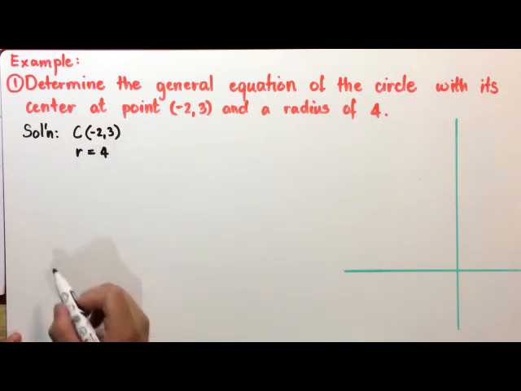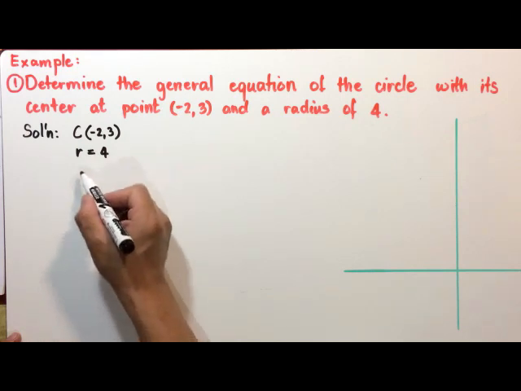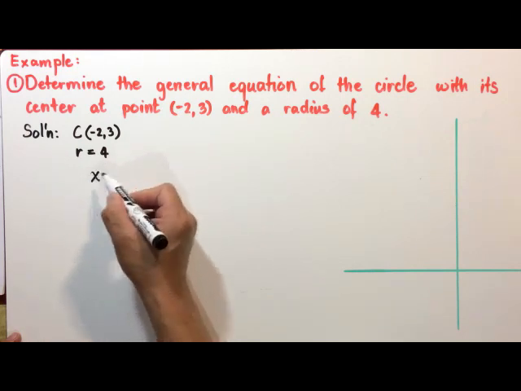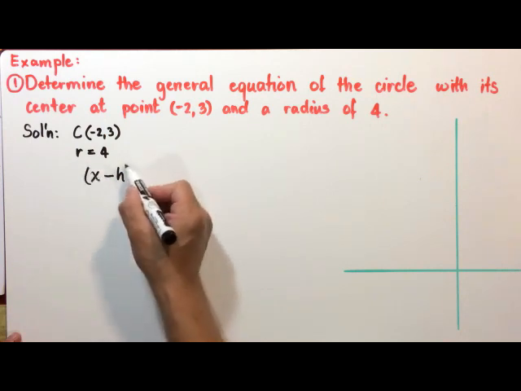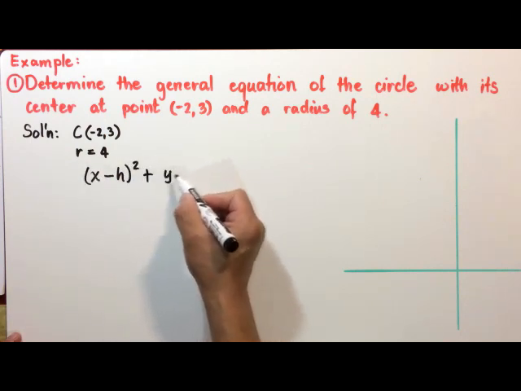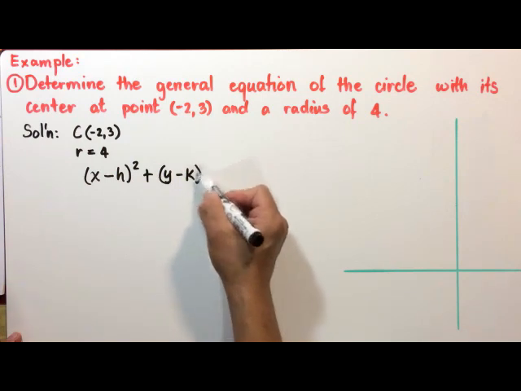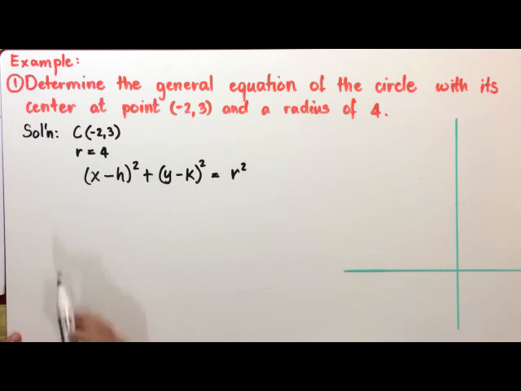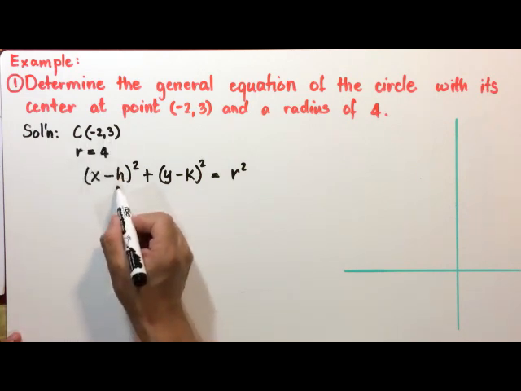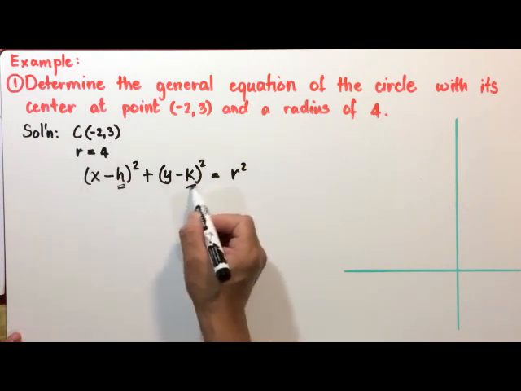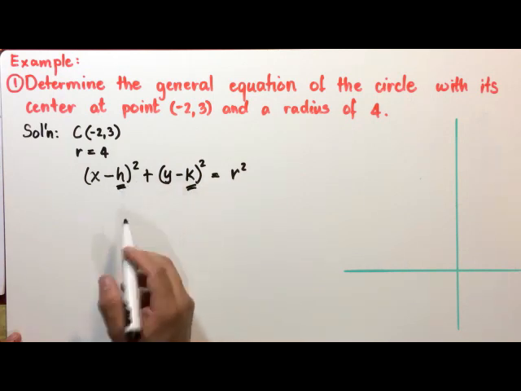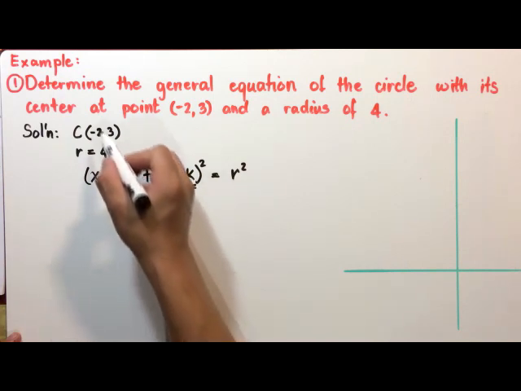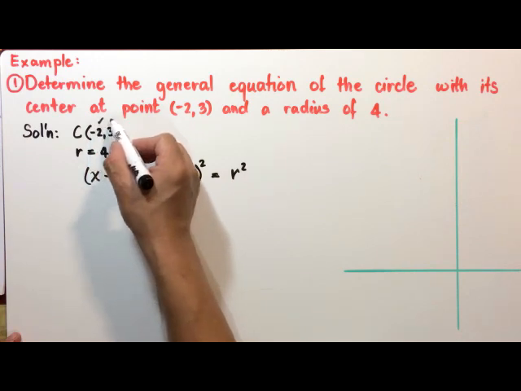So if that is the case, I can use the standard equation of the circle, which has a formula x minus h quantity squared plus y minus k quantity squared is equal to r squared. And substituting this value, because you know h, k is the center of the circle in standard form, so this is our h and this is our k.